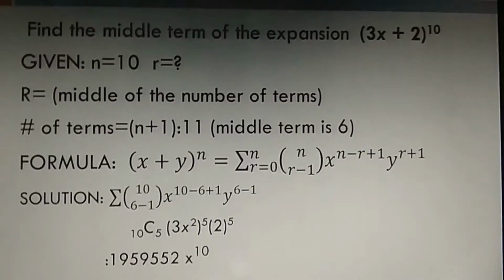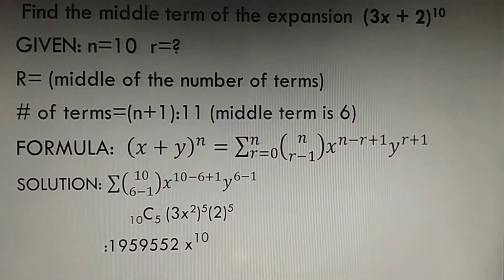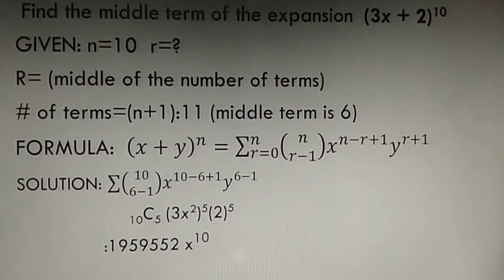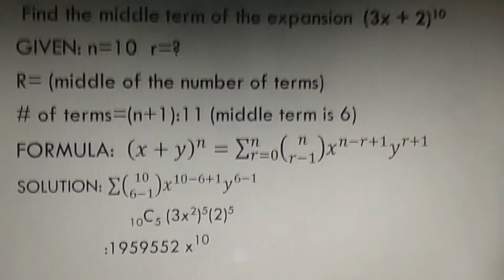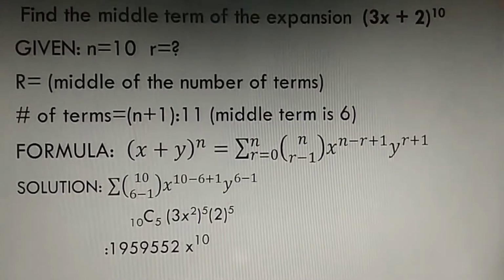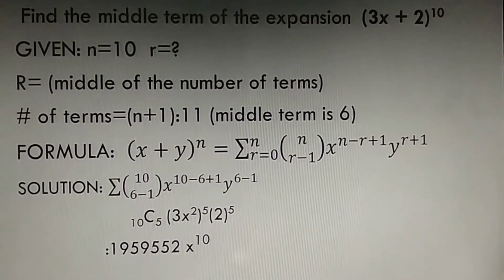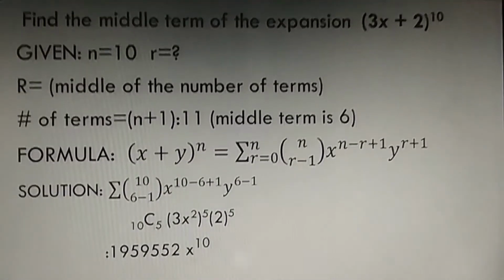Let's now move on to our last example. Find the middle term of the expansion of the quantity 3x plus 2 raised to 10. We're not given a specific value of r, so we have to find the value of r. Since we need the middle term, we first have to find the number of terms. The formula for the number of terms is n plus 1, and since n is 10, the number of terms is 11.